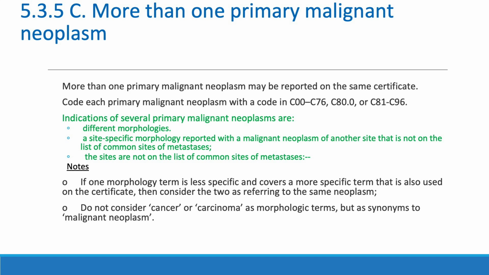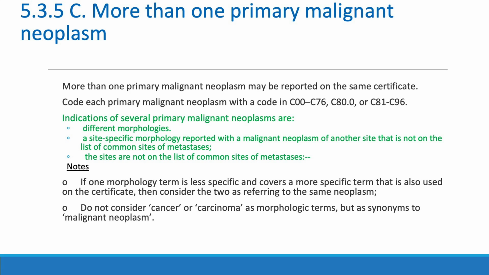If one morphology term is less specific but covers a more specific term used on the certificate, consider them as referring to the same neoplasm. The terms cancer or carcinoma should not be considered morphological terms, but as synonyms for malignant neoplasm. Accurate coding ensures proper classification and understanding of each neoplasm reported.